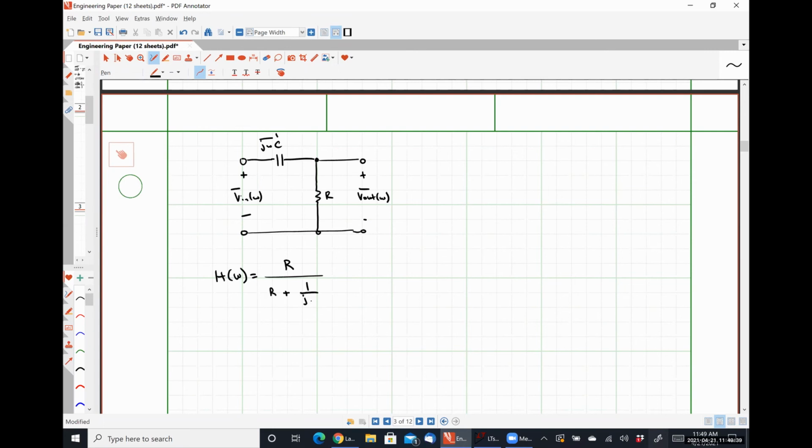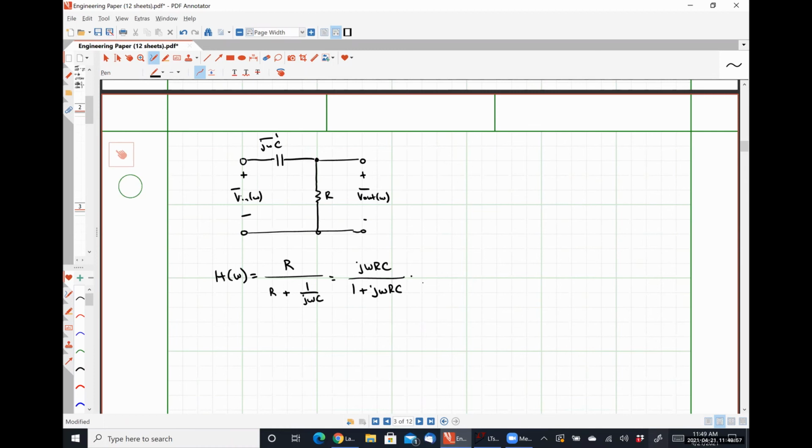One over j omega C. Multiplying through by a factor of j omega C is going to give me j omega RC divided by 1 plus j omega RC.